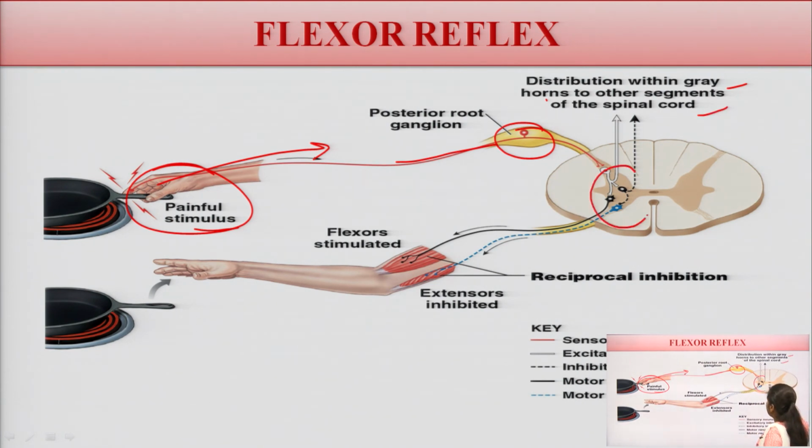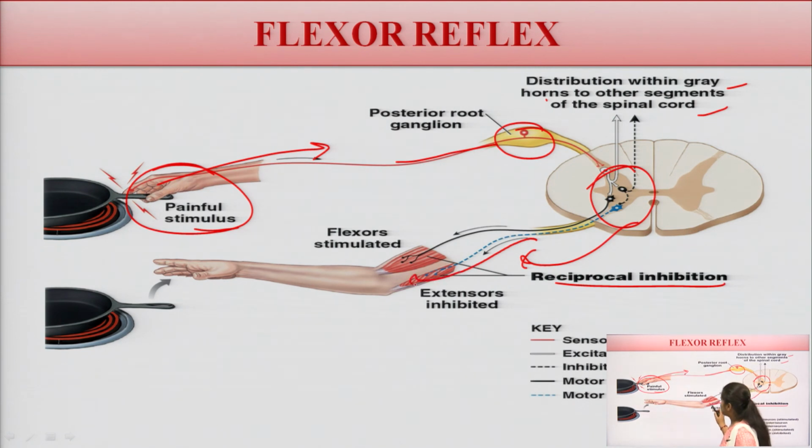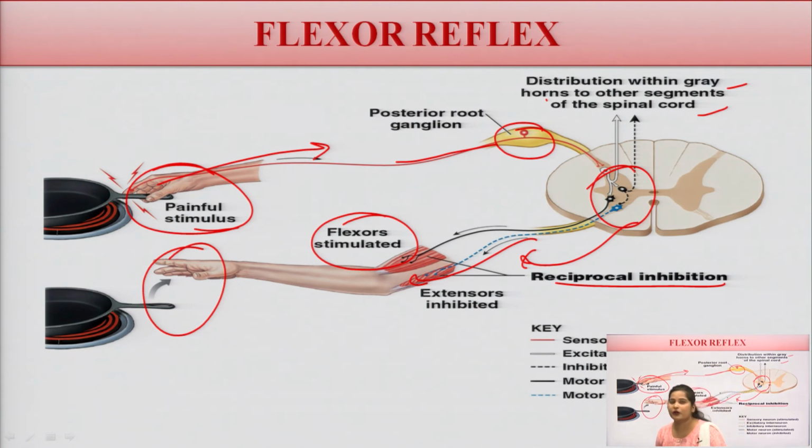After that it is interpreted, and there is the reflex action, the flexor response, meaning just flex, just leave it, okay. At that time you just leave that particular object, the hot object which is too hot.